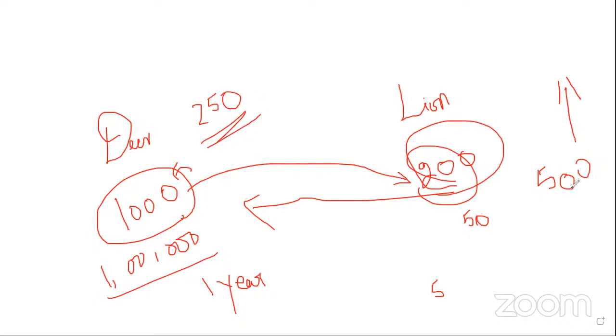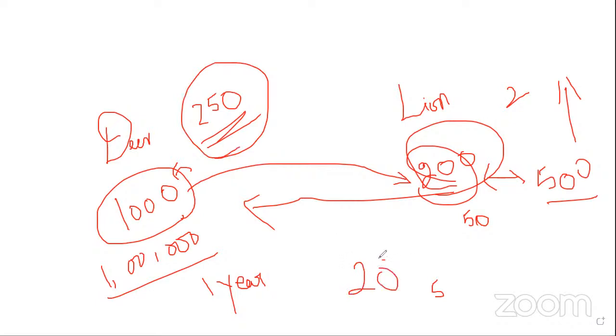So now what happened? The prey is controlled by the predator. Lion is the predator, controlled by the deer. Okay. So this is the equation. This is the balance. Suppose if it is increased, what happened? Lion increase, what happened? Deer is 0. Suppose taken example, within a short period, 200 to 500 increases. Okay, within 2 years, 500 lions are there. But here, what happened? The deer is 250 only.